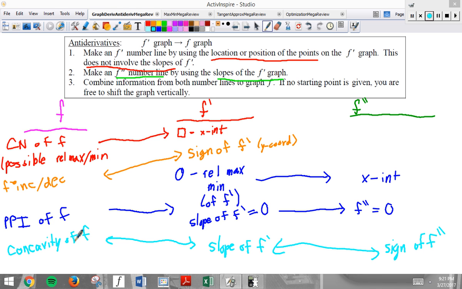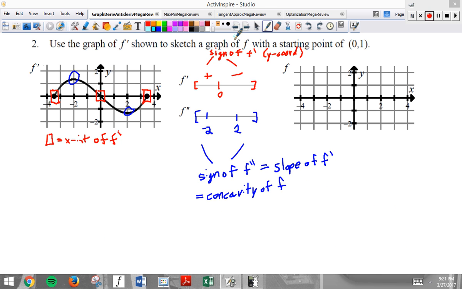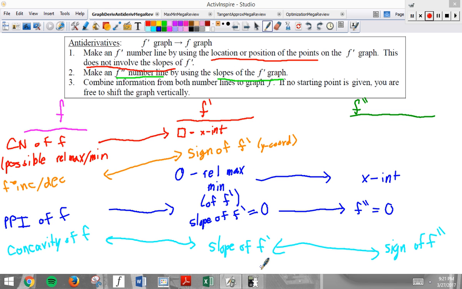Okay? Now the orange and the light blue that I just added really do relate to the red. It's the same basic idea. So the slope here was positive because we're talking about f prime increasing or decreasing.